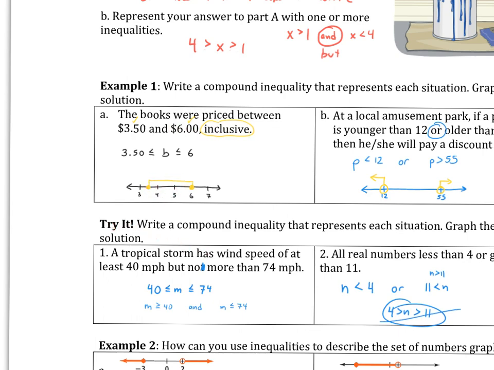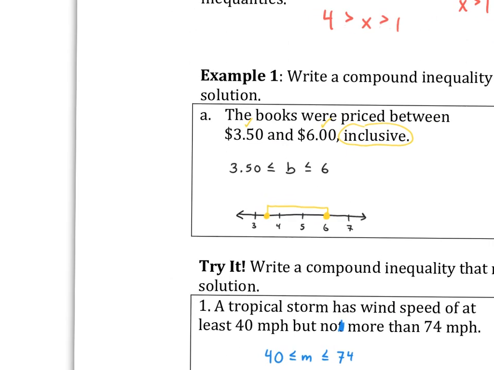So if we were to summarize, if you had the word and, or even the word but, we might have the graph coming together like so. If you use the word or, then we might have a split like this.